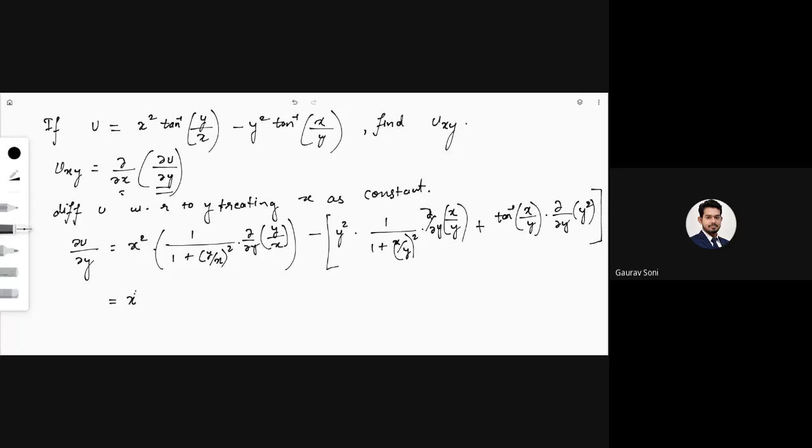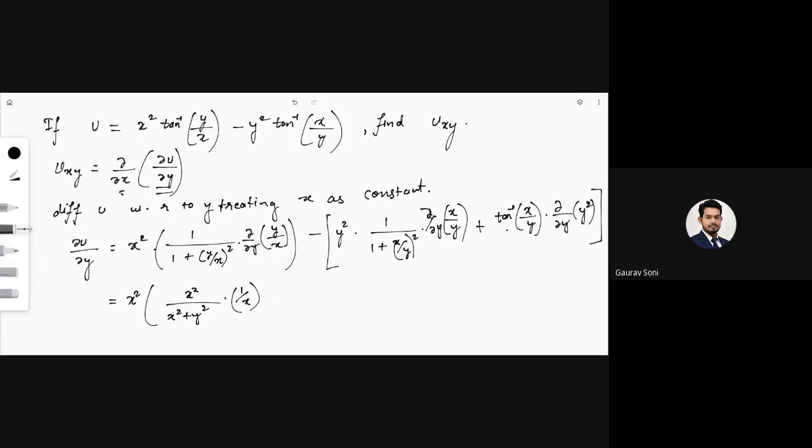So this is x square in bracket, partial derivative with respect to y. So this will be x square upon x square plus y square into 1 upon x.